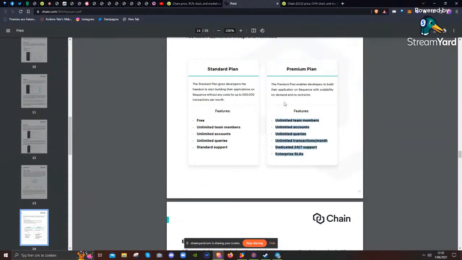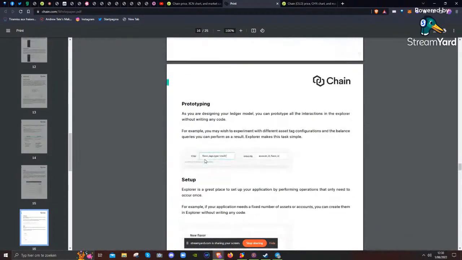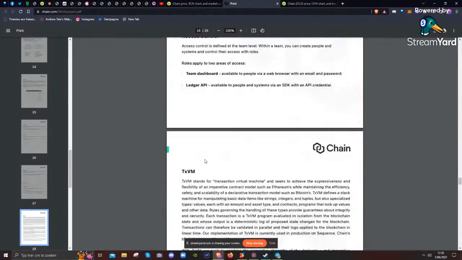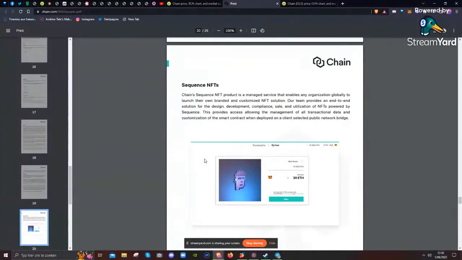You can see standard plan, premium plan, differences. Explorer, prototyping, setup, developing, but I was interested in pages 20 and 21. Launch their own brand and customized NFT solution. Our team provides an end-to-end solution for the design, development, compliance, sale, and utilization of NFTs powered by Sequence.